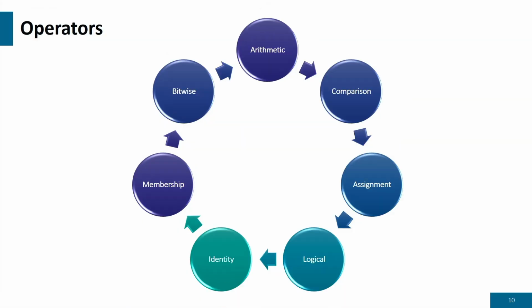So now we come across different operations that can be performed in Python. So operations like arithmetic, comparison, assignment, logical, identity, membership, bitwise, all these operations can be performed in Python, and we'll see a code example for all these operations.